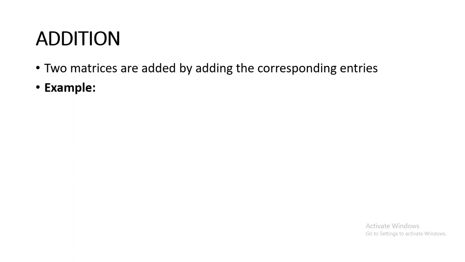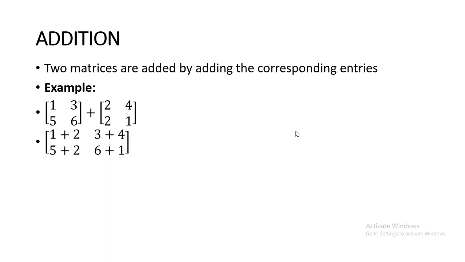Let's take an example. Let's say we have two matrices here. Consider this matrix as matrix A, which has elements 1, 3, 5, 6. Consider this matrix as matrix B, which has elements 2, 4, 2 and 1. If we are adding these two matrices, we need to add them by adding the corresponding entries.